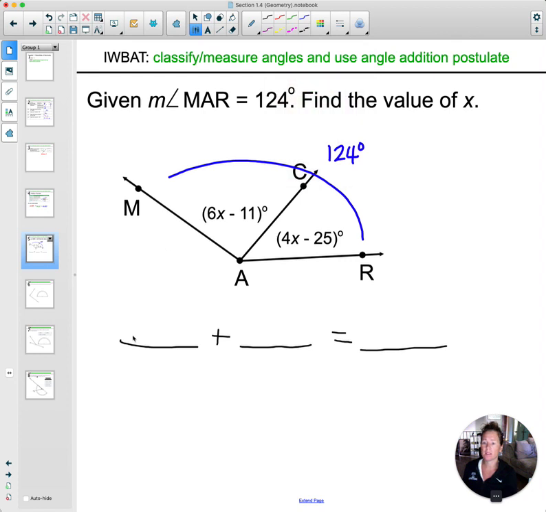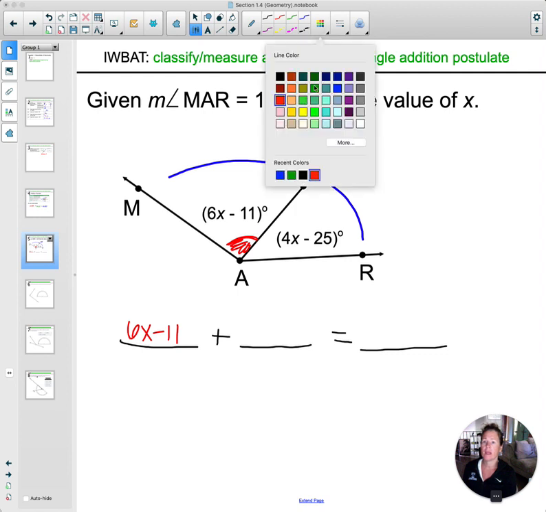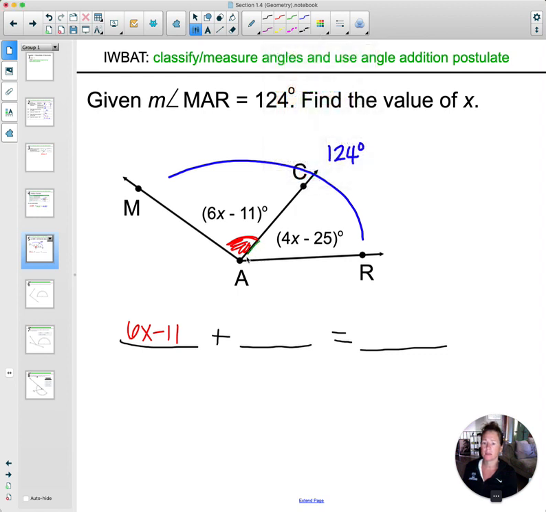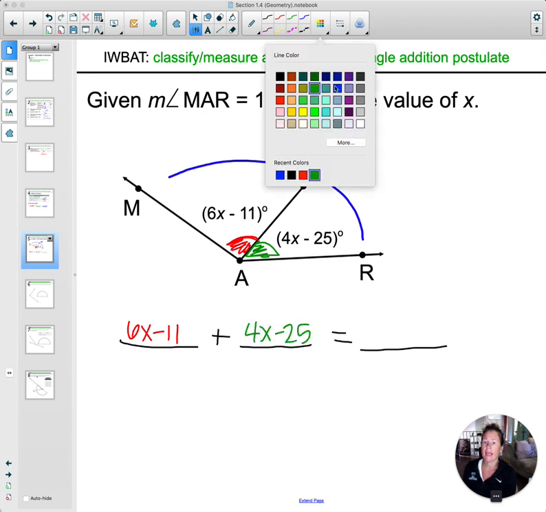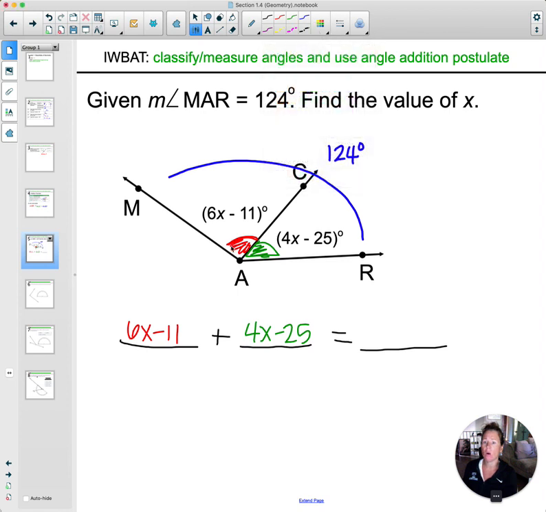One of the pieces is 6x minus 11, so that's this angle right here. Then the other piece is 4x minus 25. And then that totals our whole angle. Notice how this whole chunk was filled in by those two angles of 124.